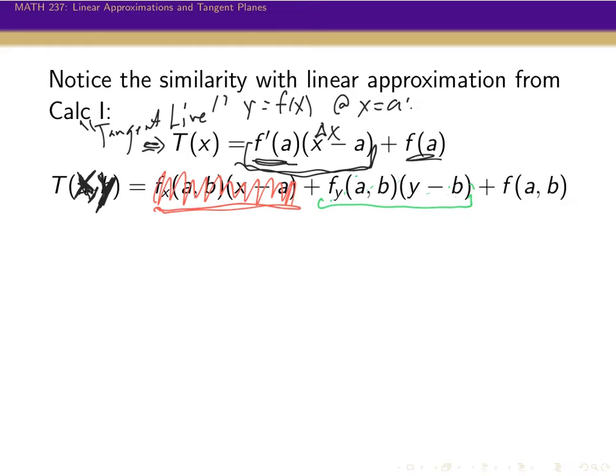Well, this takes the intersection of the surface and the plane x equals a. And so this will be the tangent line along that plane. And so in some sense, this linear approximation really is coming from combining these two lines. Okay.